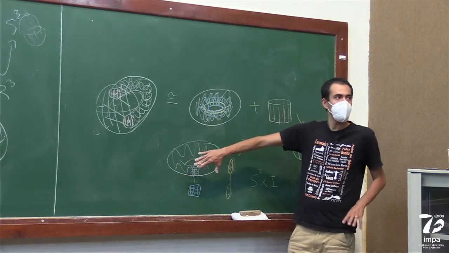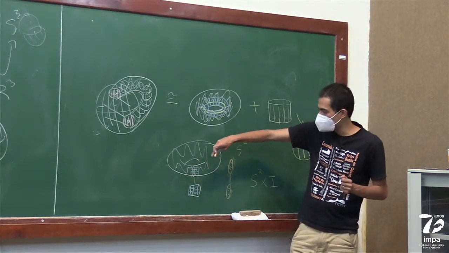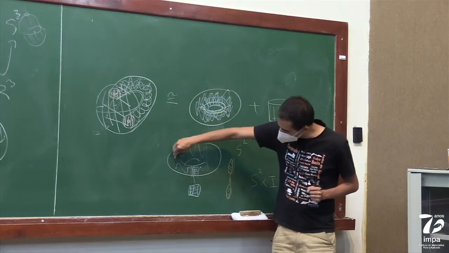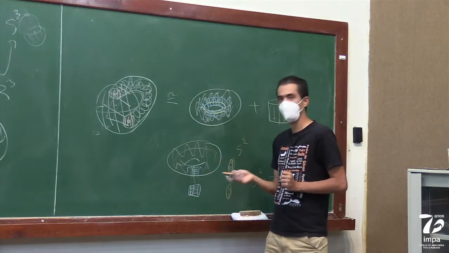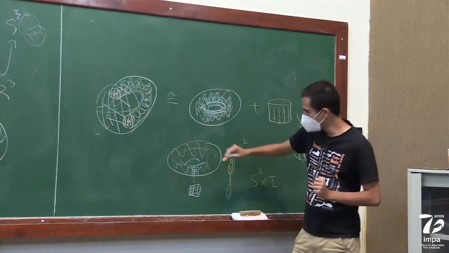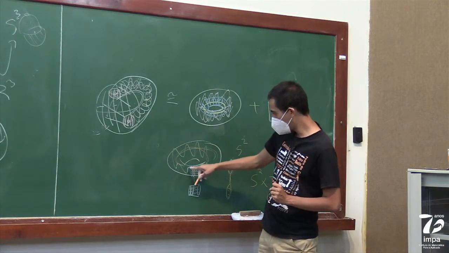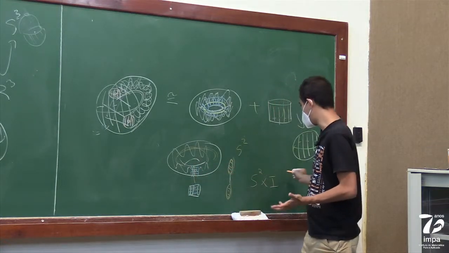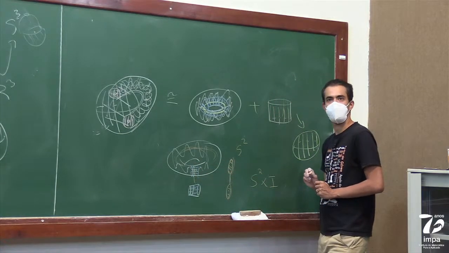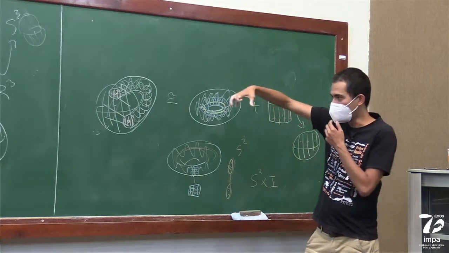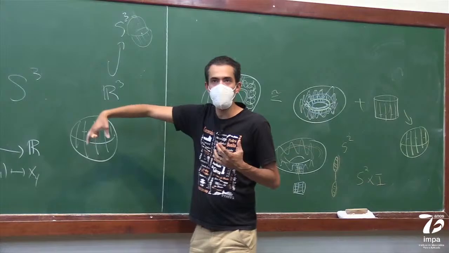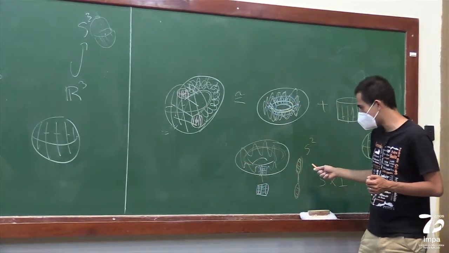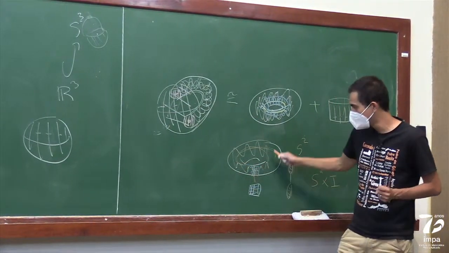What happens is maybe not so obvious, but it's not very hard to see, that the complement, when you look at the boundary, is now a sphere. So when I look at the boundary here, with what's left here, I actually have an S2. And when I glue a ball to cap off this S2, what I get is something that's diffeomorphic to an S2 times S1.